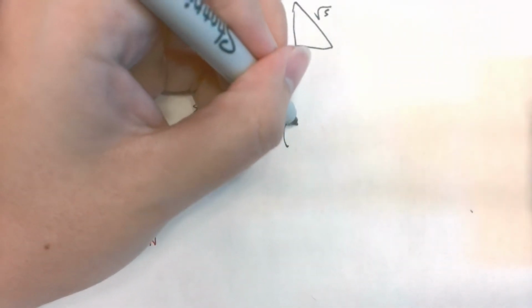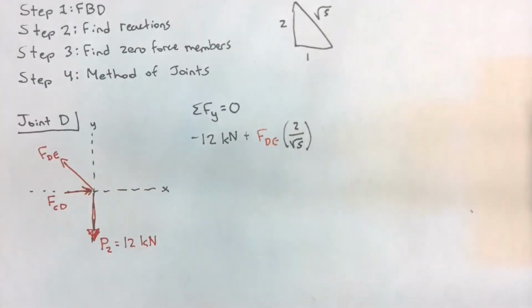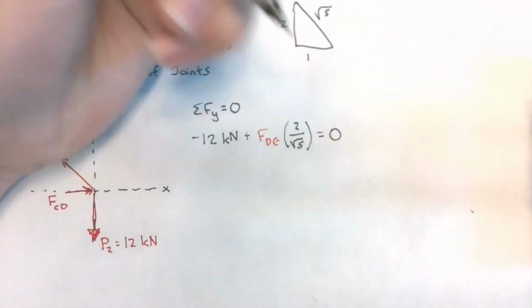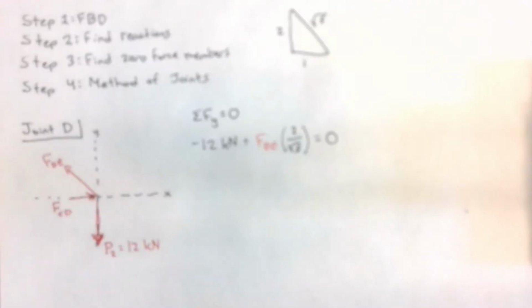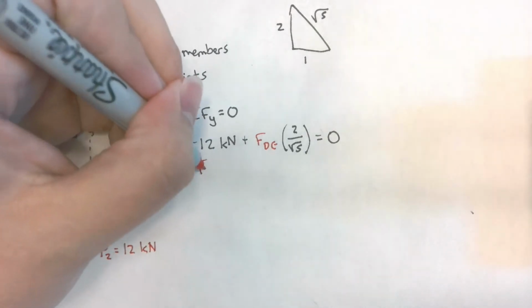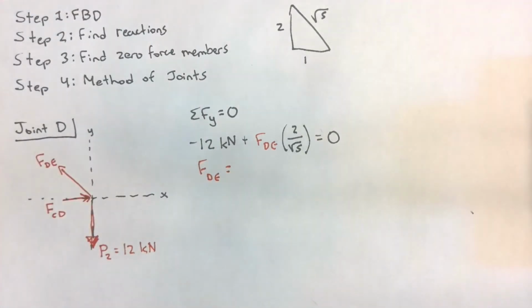In this case, 2 divided by root 5. And this should be equal to 0, because sum of forces in the y direction equals 0. All right? So far, any questions?